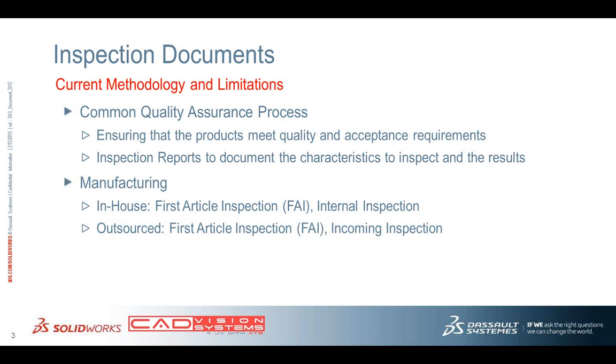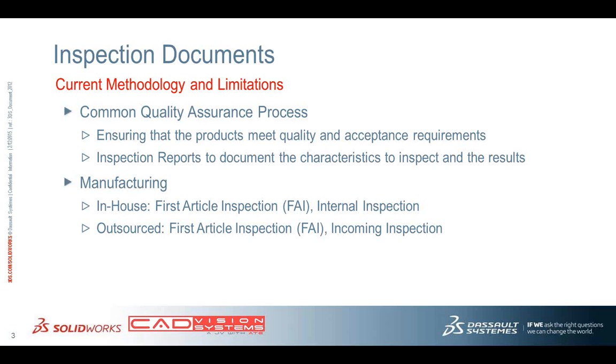Inspection documents are part of a very common quality assurance process, a QA process. The aim of this process is to ensure that the products meet the quality and acceptance requirements. Inspection reports are used to document the characteristics to inspect and the results for the products. After the manufacturing process, there are two methods to proceed with the QA process.